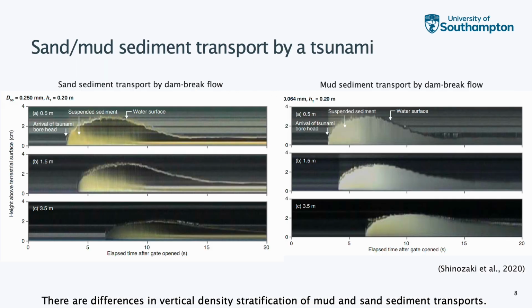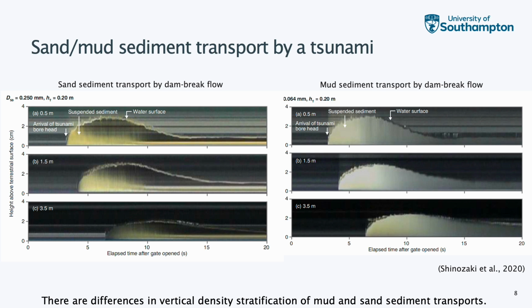Another unique difference of mud and sand sediment transport by a tsunami is particle density stratification. This picture shows laboratory experimental results of sand and mud sediment transport by a downwash flow. In the case of sand sediment transport, the sand sediment was transported near the bed, and the density of suspended sand sediment near the bed is significantly higher than the density of suspended sand sediments near the water surface.